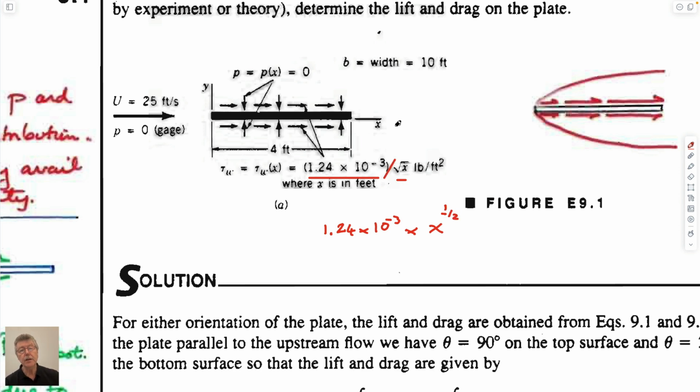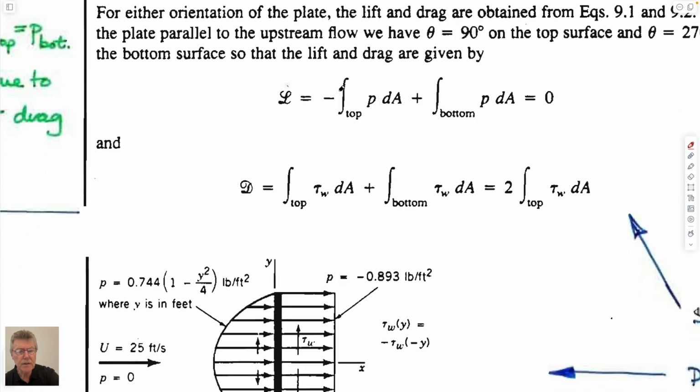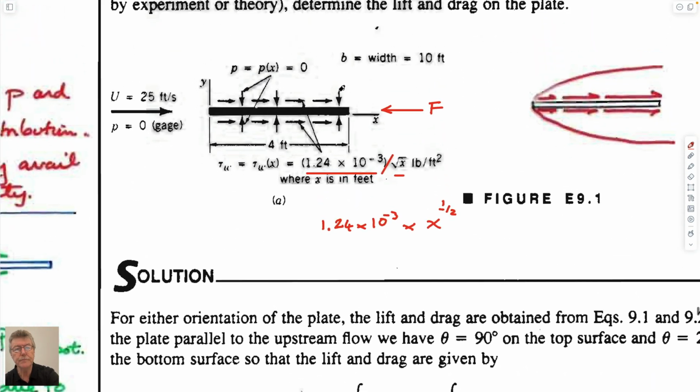And so if you wanted to calculate the force that you have to apply to this plate to keep it in place, then you can do that just by summing the contributions of this force. I don't know that they show it.